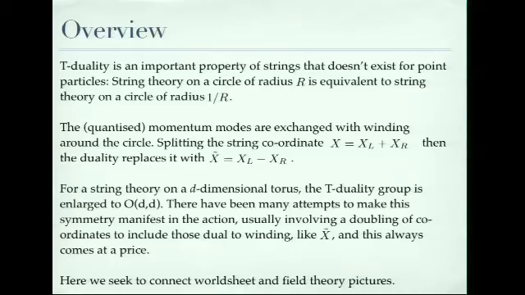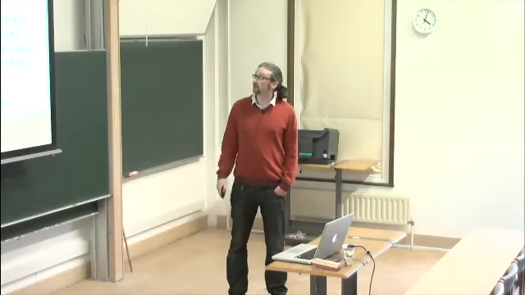We need the winding of the strings round a compact dimension. So string theory on a circle of radius r is equivalent to string theory on a circle of radius 1 over r. And of course it should probably be an alpha prime on the top there to get the dimension right.